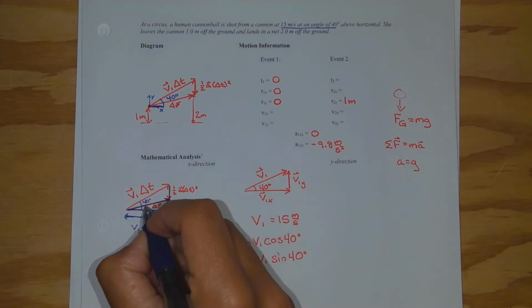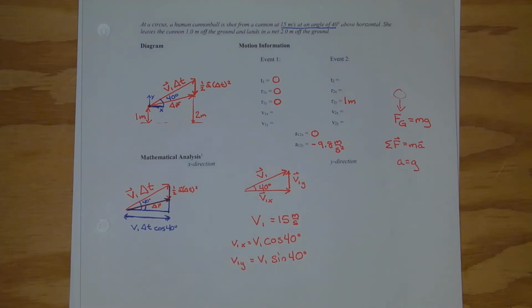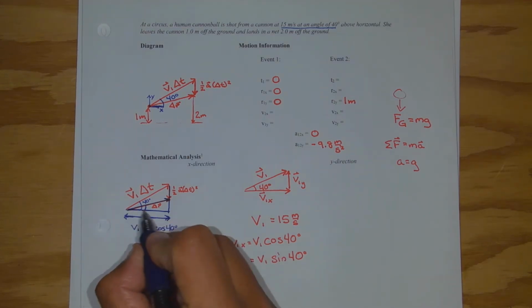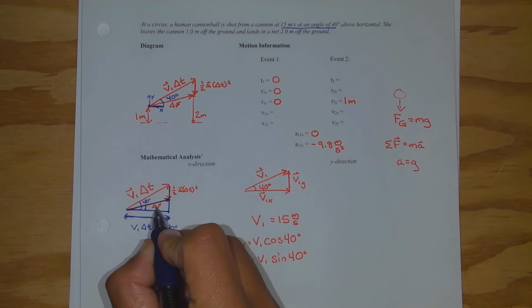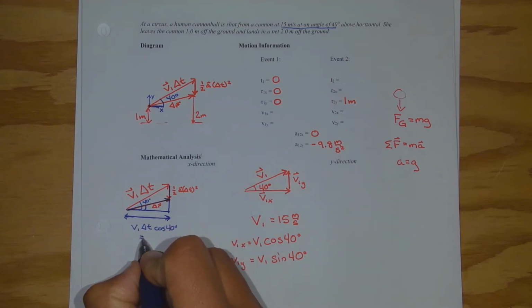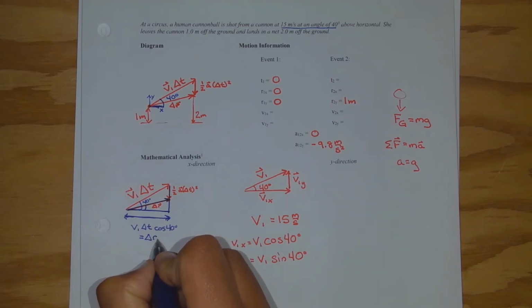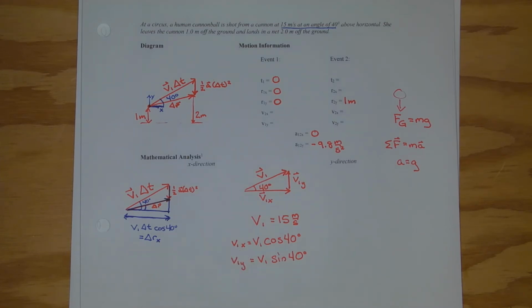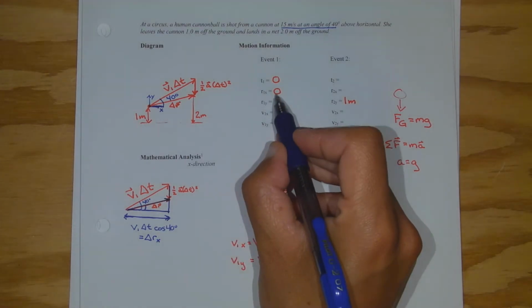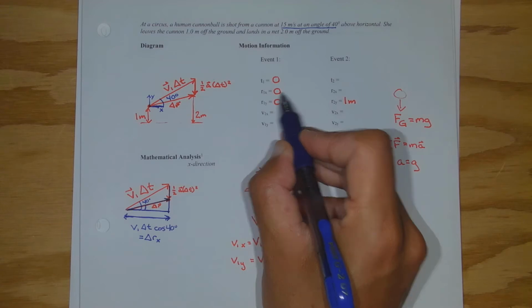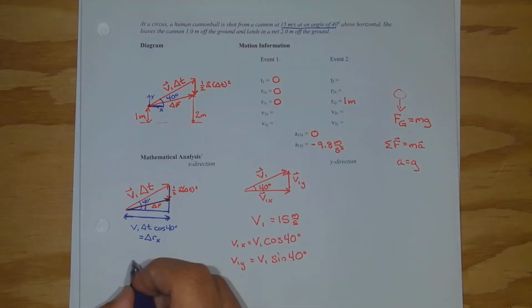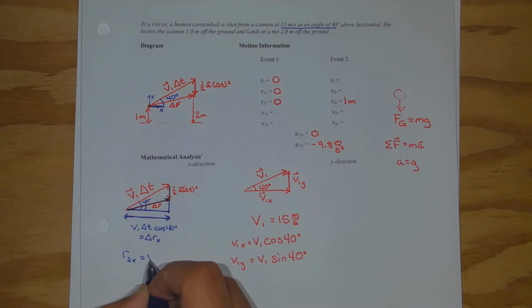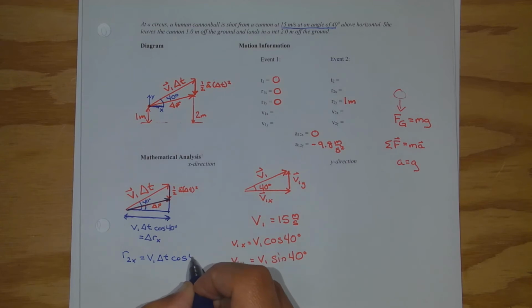I don't know what this angle is, but this leg of the triangle would be the x component of the delta r vector, so this is also equal to delta rx. If r1x is equal to 0, delta rx is equal to r2x. So I can say r2x is equal to v1 times delta t times cosine of 40 degrees.